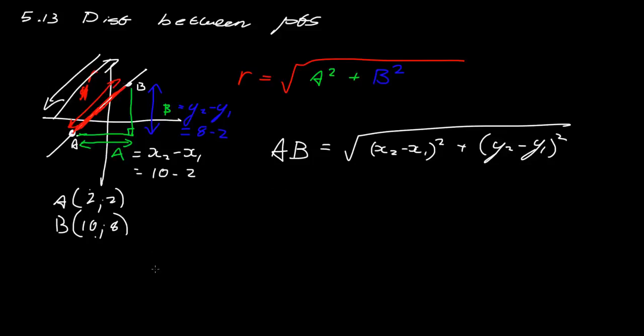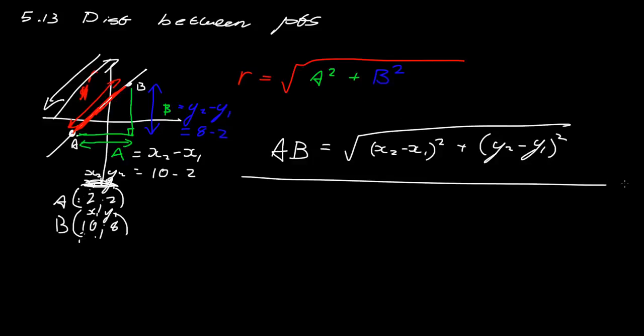So whether I selected this as x1, y1 and this as x2, y2, or if I said point A is x2, y2 and this is x1, y1, it wouldn't matter. You can select either of the points as point 1 and either point as point 2. So there's your formula for distance between 2 points. It should be in your formula sheet, so it's fairly easy.